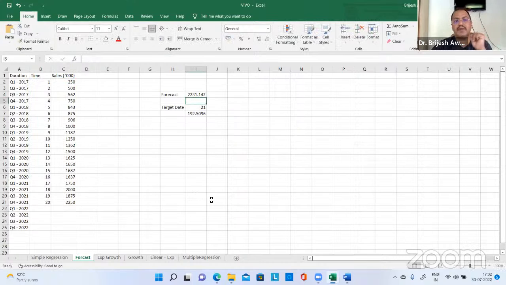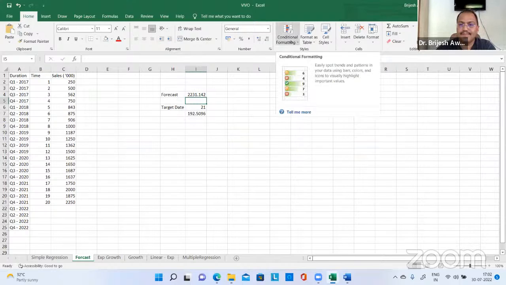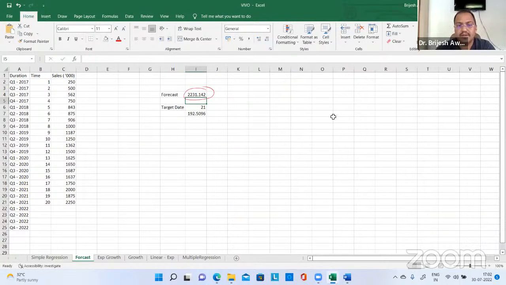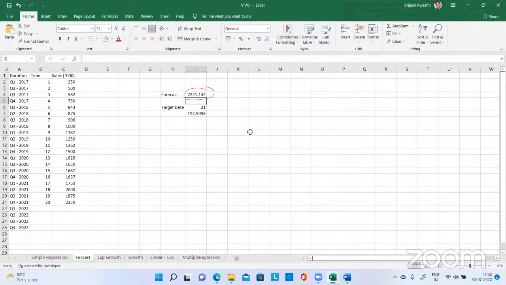So what is the forecast for Q1 of 2022? Please tell me. That is 2231. Yes, sir. Right.